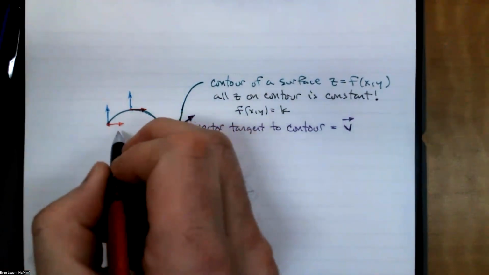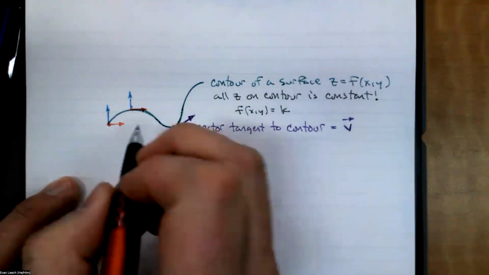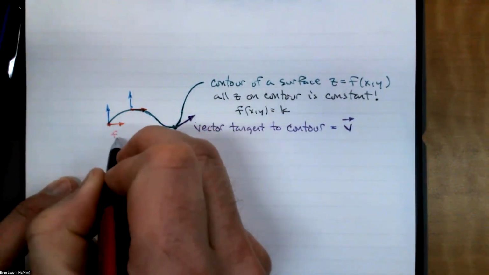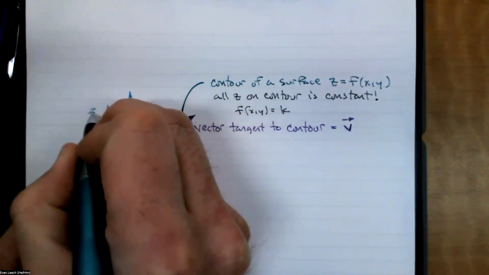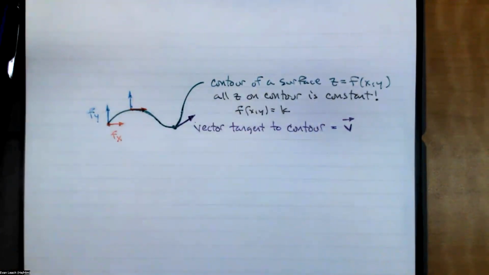So remember what we've got. These are going to be our partial derivatives. This is going to be our partial derivative in the x direction, and this is going to be our partial derivative in the y direction. But now I've got a vector tangent to the contour. And I want to think about at that point, what is going to be the derivative in the direction of the vector tangent to the contour.